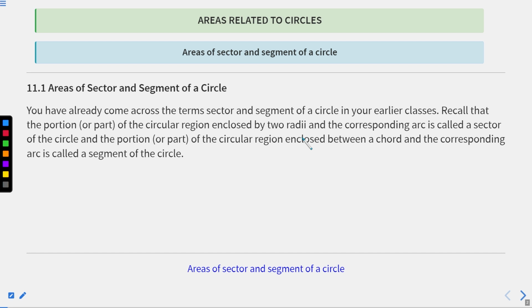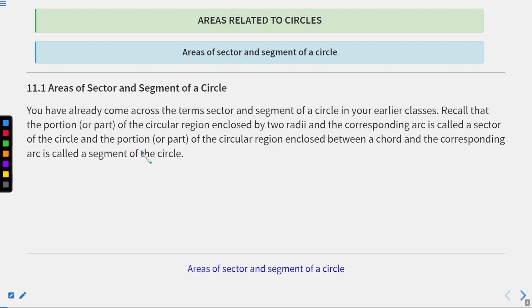So students, what is a sector of the circle? A sector of the circle is the portion or part of the circular region enclosed by two radii and the corresponding arc. And a segment of the circle is the portion or part of the circular region enclosed between a chord and the corresponding arc.